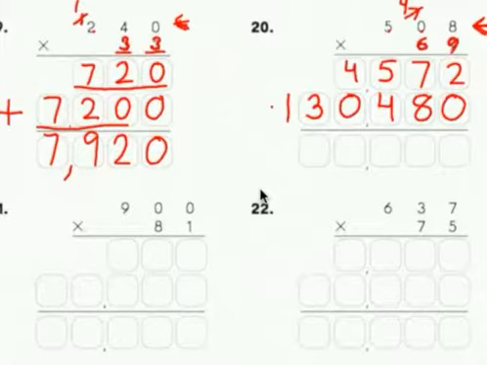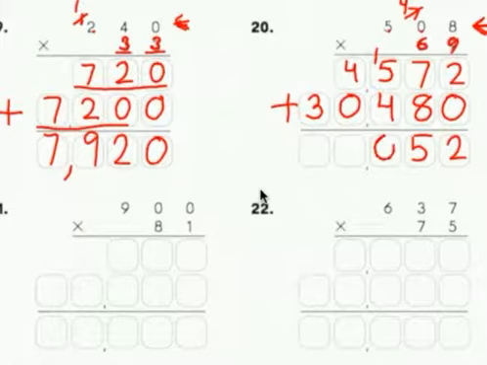Okay, step 3. Add these two lines together. 2 plus 0 is 2. 8 plus 7 is 15. Put the 5 down here, carry the 1. 1 plus 5 is 6. 6 plus 4 is 10.